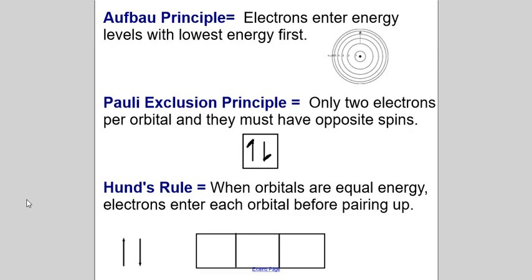Okay, so this gets us to the fun rules. So there's the Aufbau principle. Electrons will enter at the lowest energy levels first. I like to call this the concert rule. If everyone has general admission tickets, very first person in, what are you going to do? You're going to get as close to the stage as you can physically get.